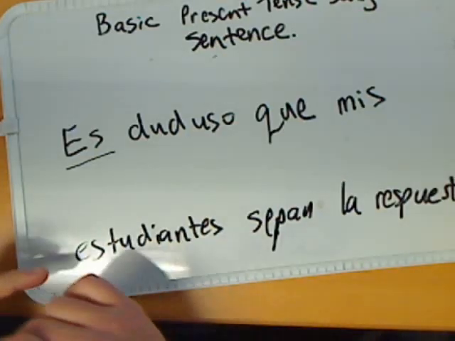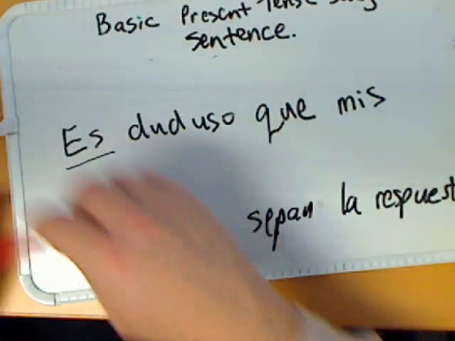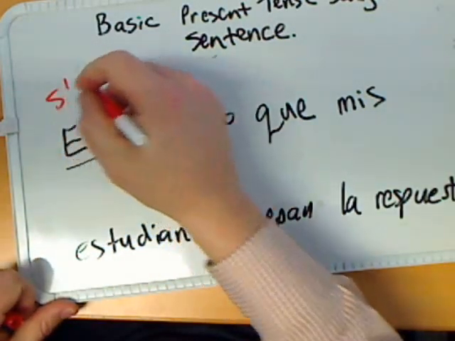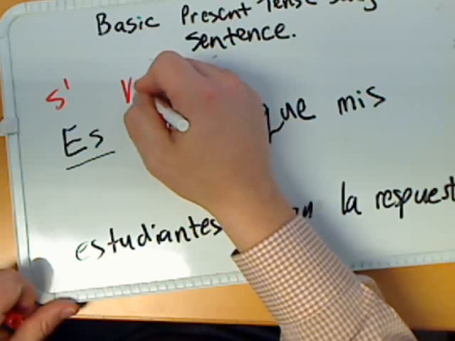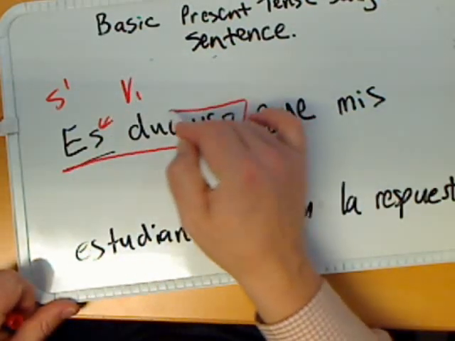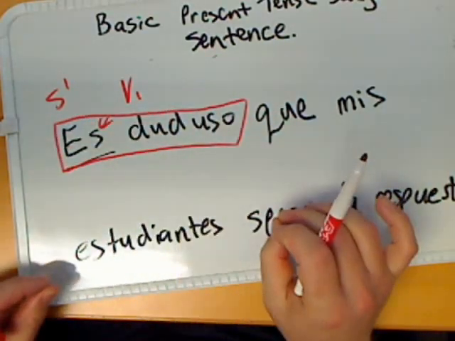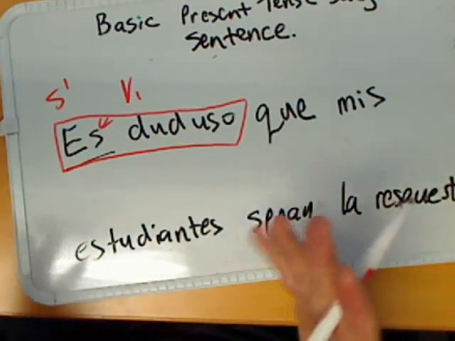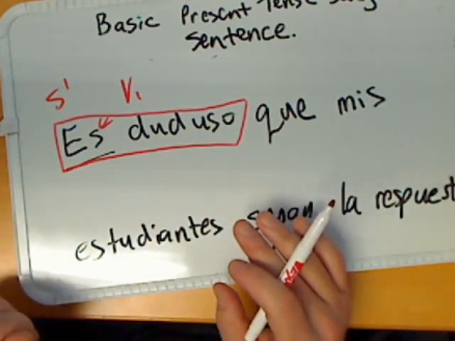If you look at the equation of this sentence, subject 1 is it, verb 1 is es, but this expression here is what we're focusing on. Es dudoso is an impersonal expression that expresses an opinion in the speaker's mind.